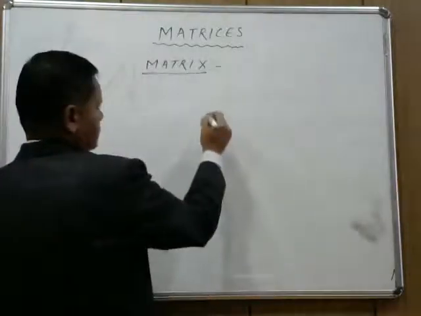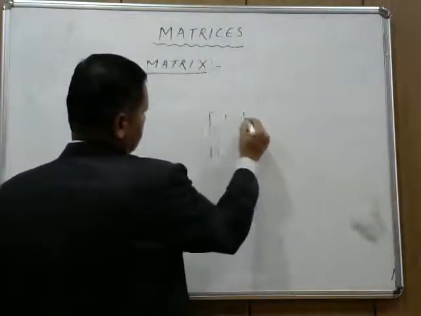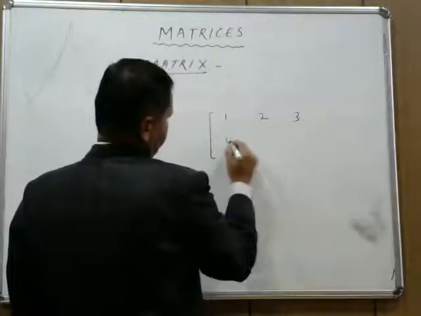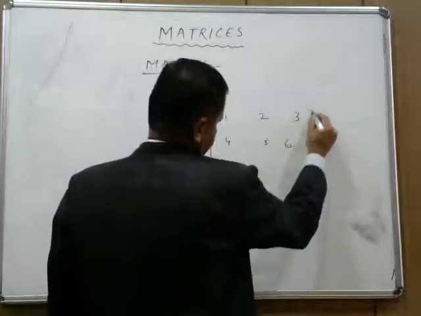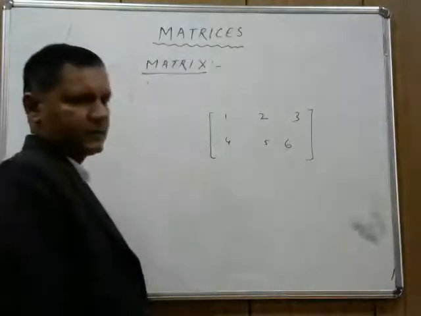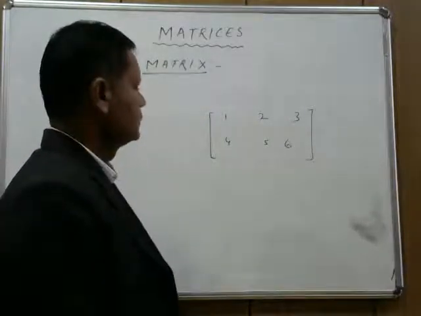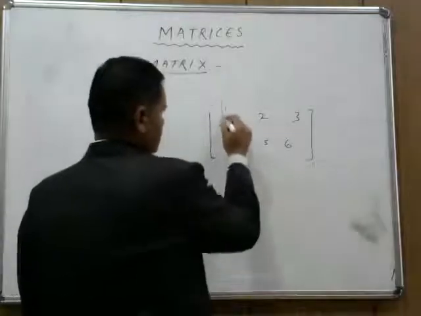If I write, suppose, 1, 2, 3, 4, 5, 6, this is a collection of 6 numbers. This is known as the row.